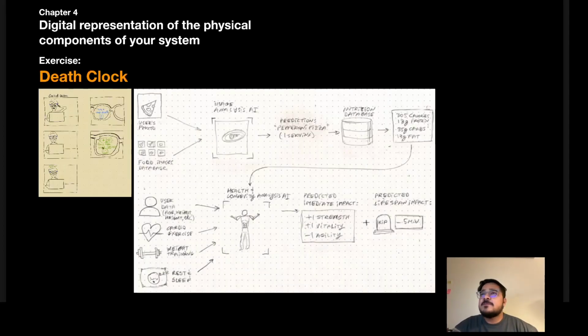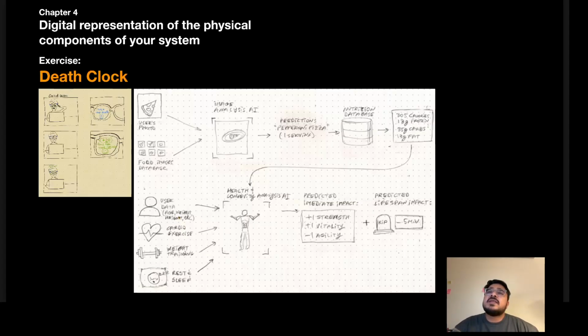Now they have also given an exercise to do. So the exercise in the death clock you have done previously, right? Where you were given one exercise to do, okay?